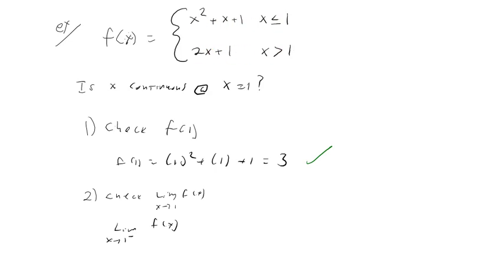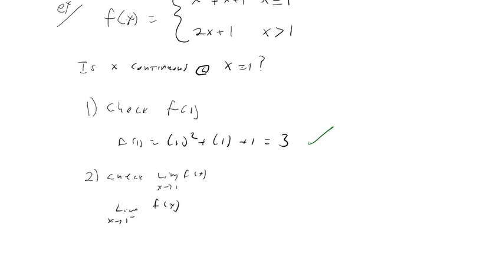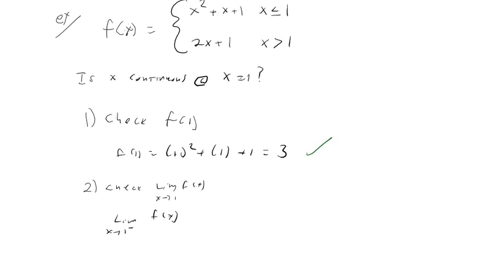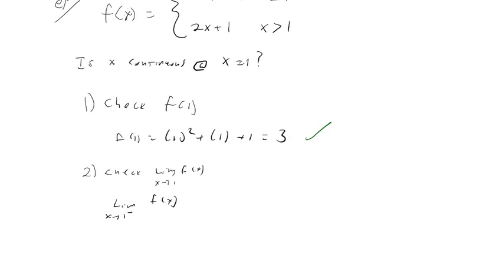So the first limit, let's go back. I'm running out of room here, zoom out. It's x squared plus x plus 1. So really what I'm doing is finding the limit as x approaches 1 from the left of x squared plus x plus 1. So I'm using the left side.